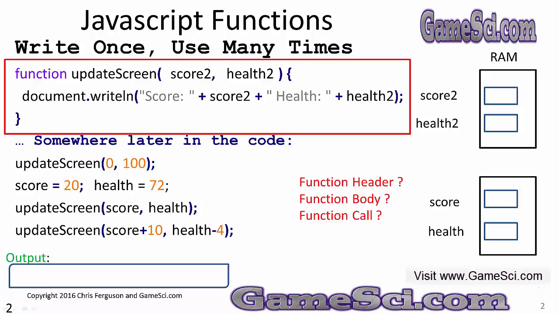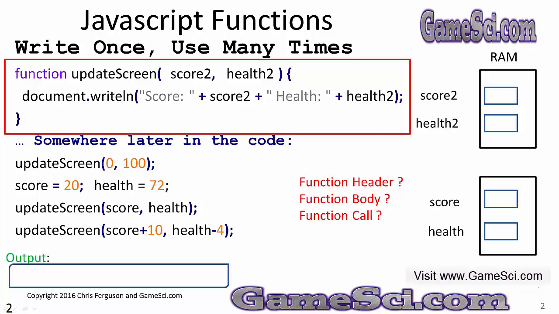So here's the function updateScreen that draws something on the screen. What's the function header here? It's that line that contains the word function. What's the function body? It's the document.write line in between the curly braces. What's the function call? The function calls are below this box.